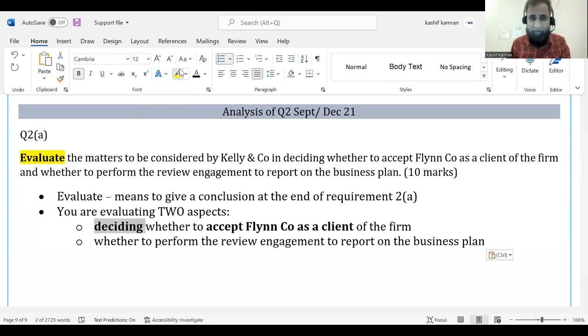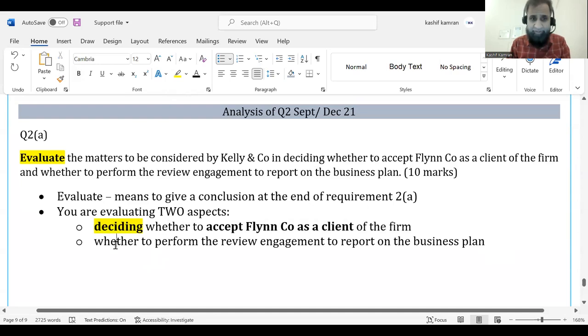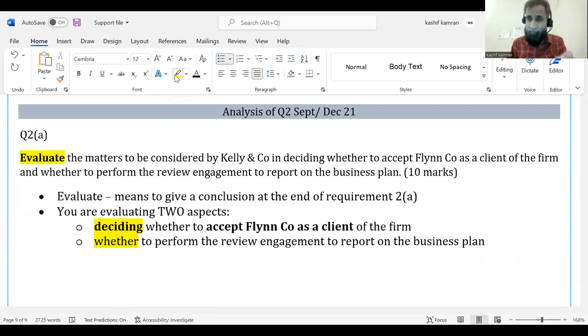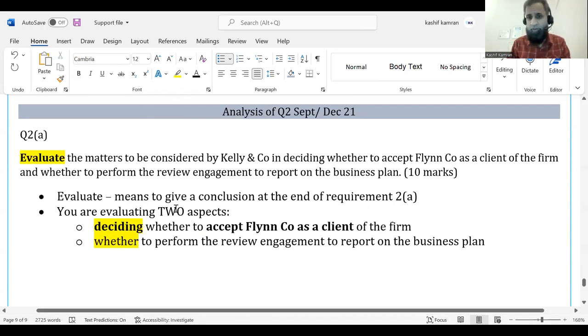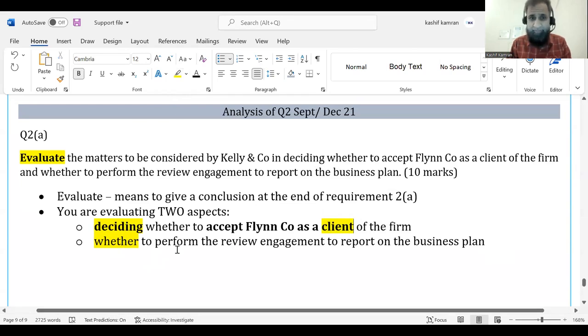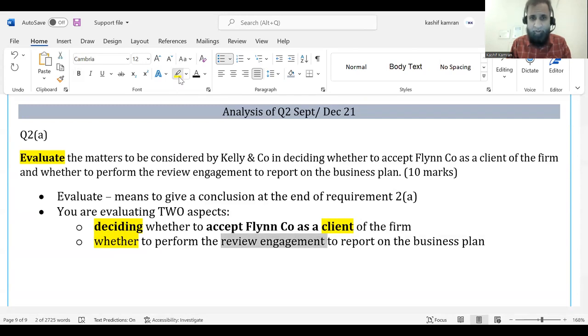Deciding whether to accept Flynn as a client, and whether means decision. Yes or no, whether, right? Whether means yes and no. Whether to perform a review engagement to report on the business plan. So the first part of the question is client acceptance. And the second part of the question is to agree whether to provide the service or not.